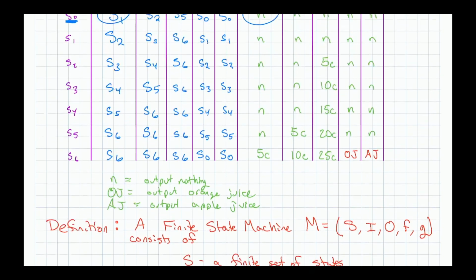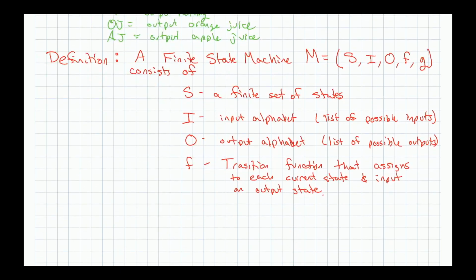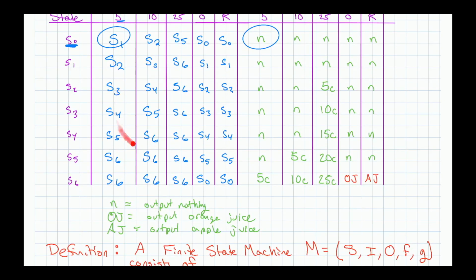In order to know what was happening here, you had to know the input state S1 and you had to know the input 10. So you had to know the current state and the input. You have a current state and an input, and it tells you the output state. So that's that entire blue table up there.